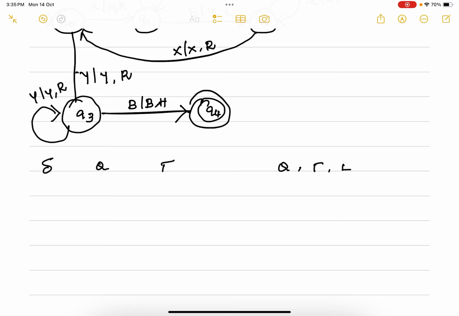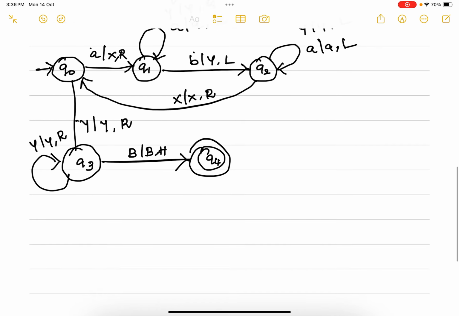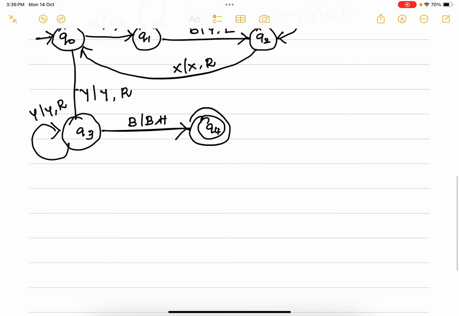If you see the diagram, it will be very clear what the transitions are for this particular Turing machine. Now we need to give the transition table.